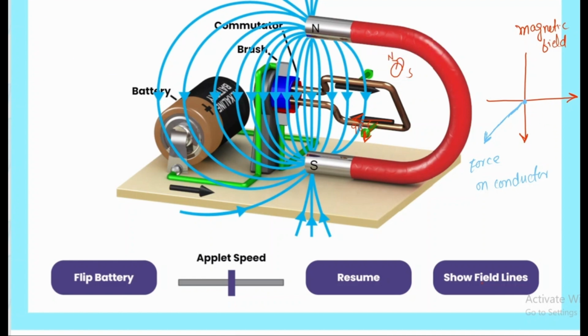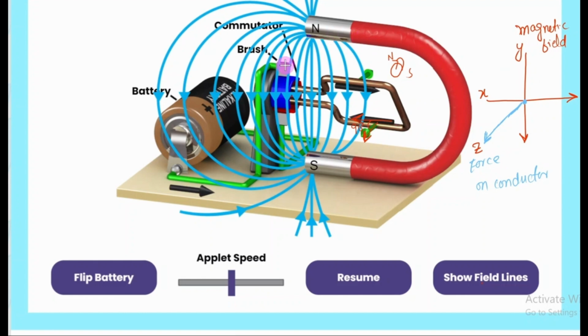Here we can say that this is the x-axis, this is the y-axis. On the y-axis, the magnetic field is acting, on the x-axis, the current is flowing, and on the z-axis, the force on the conductor is present.